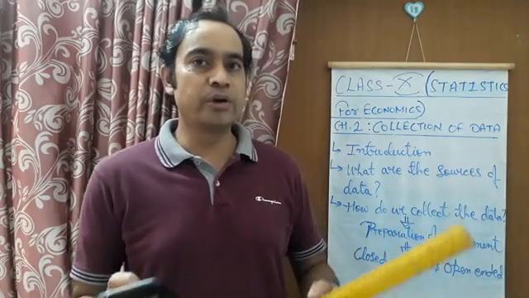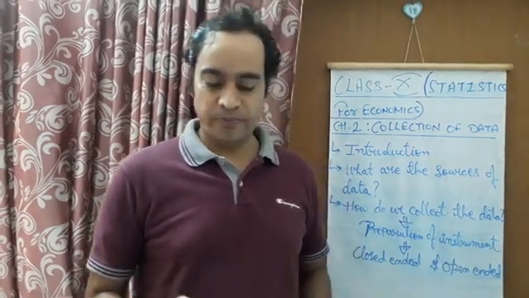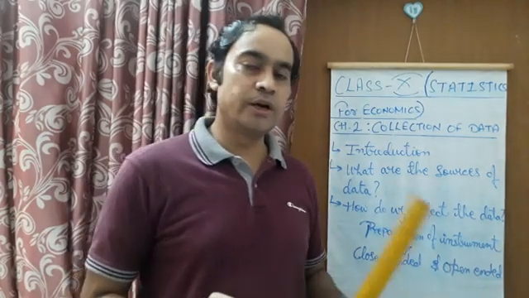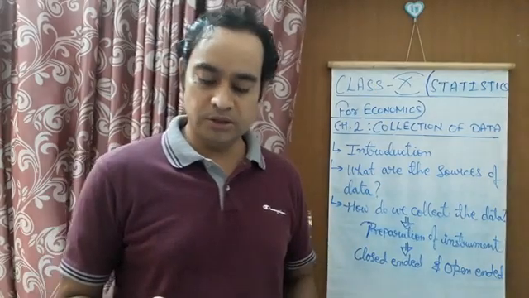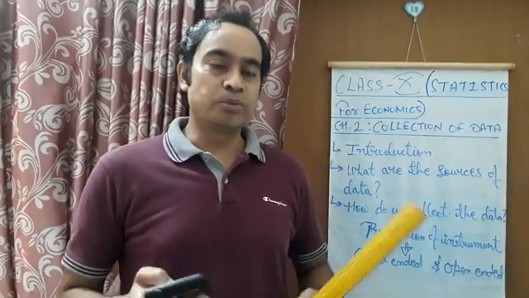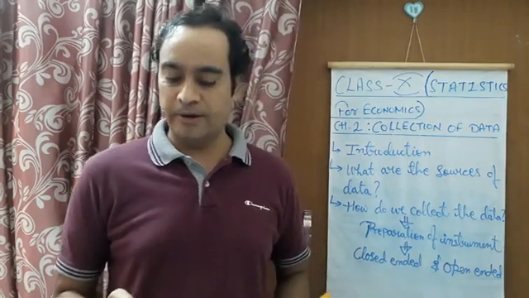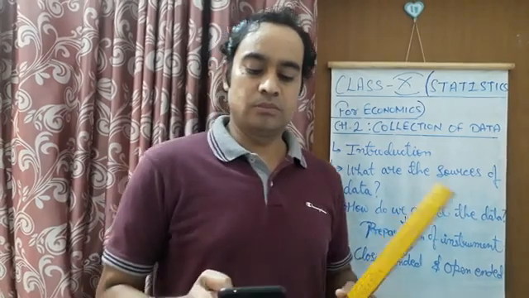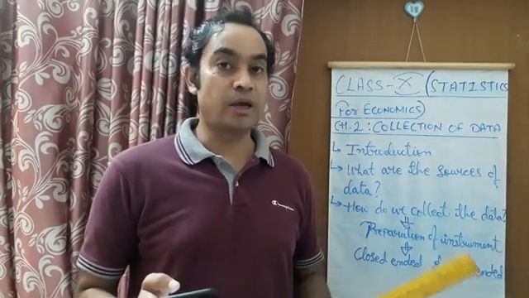And you give the options also: less than 200 rupees, between 200 to 300 rupees, between 300 to 400 rupees, or more than 400 rupees. In this way you can find out how much you spend on books in a month. So the question is not ambiguous.